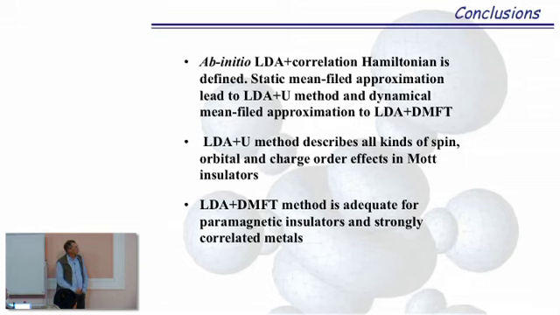And the much more complicated, much more powerful dynamical mean-field theory can solve the problem for Mott insulators and strongly correlated metals. And also the metal-insulator transition. That is important. The only method which could treat the transition between metal and insulator is DMFT. That's all.